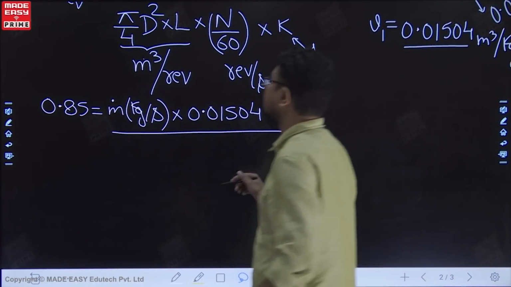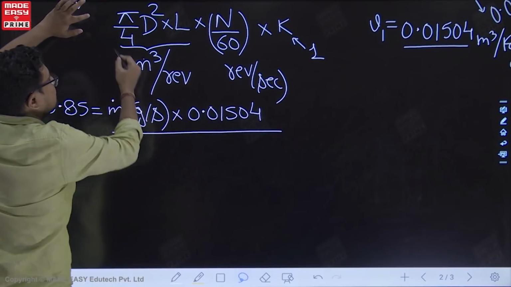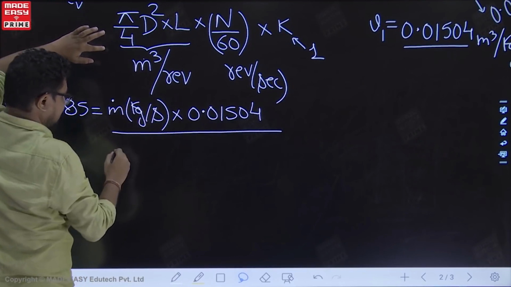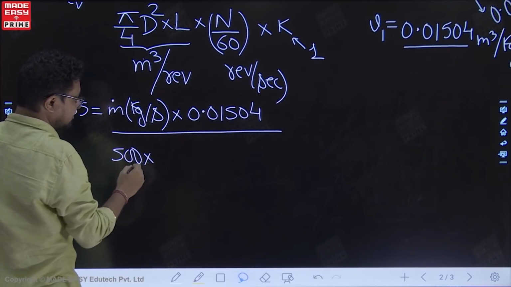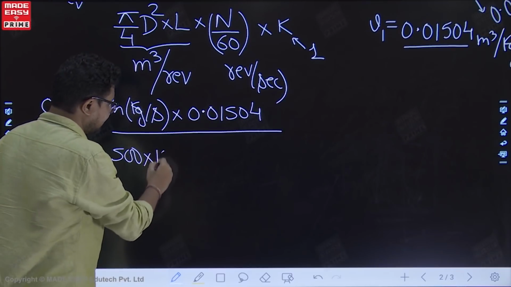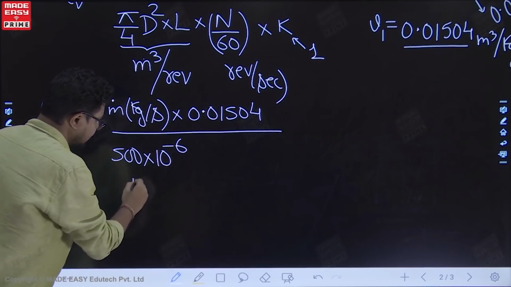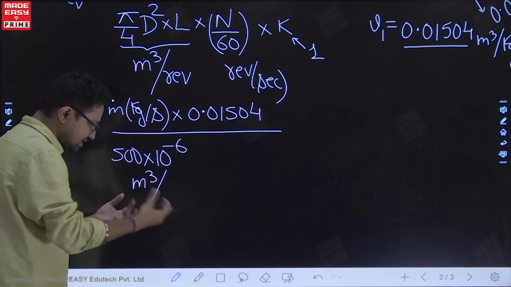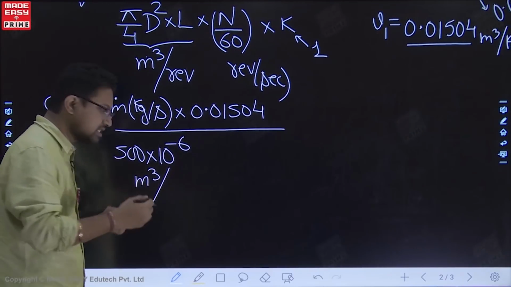So we can write this as 500 into 10 to the power minus 6, because it is in centimeter cube and we convert it into meter cube. So this much meter cube per suction stroke, and in one revolution, one suction stroke.